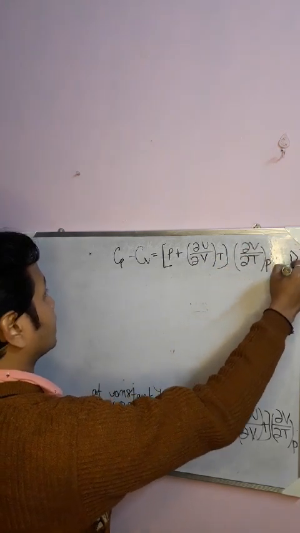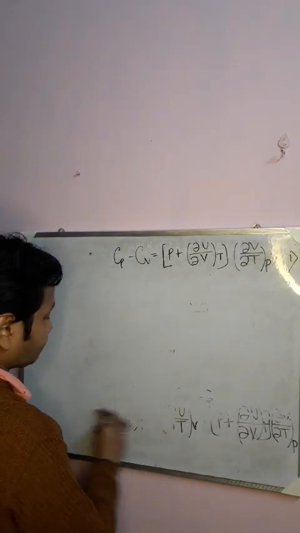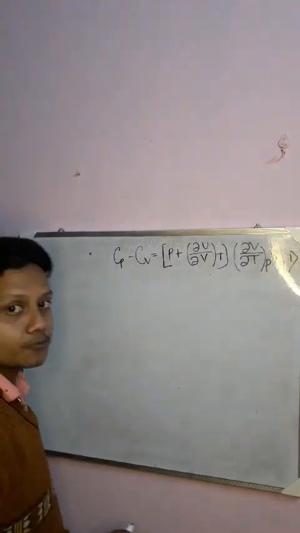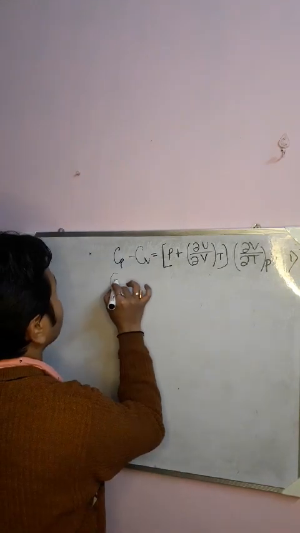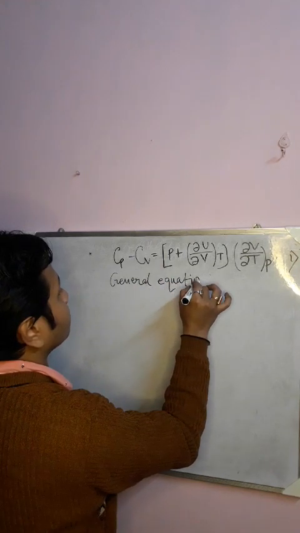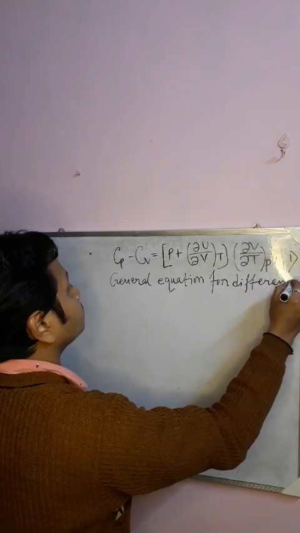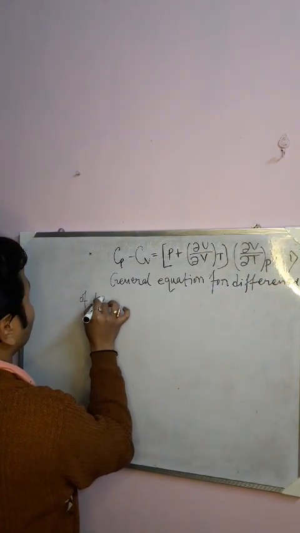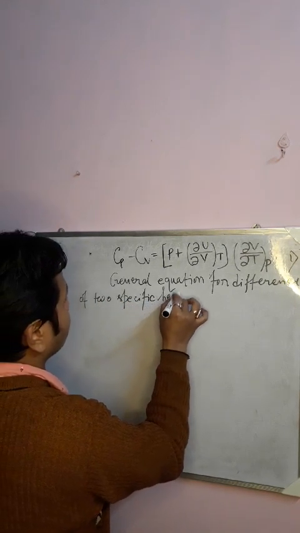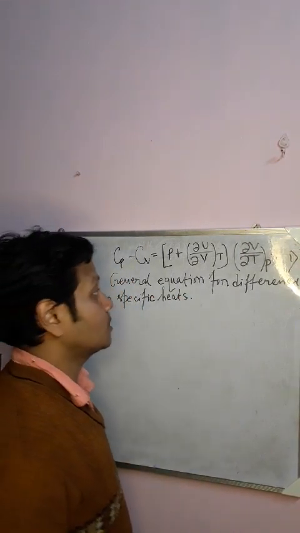So this is the general equation for the difference of two specific heats.